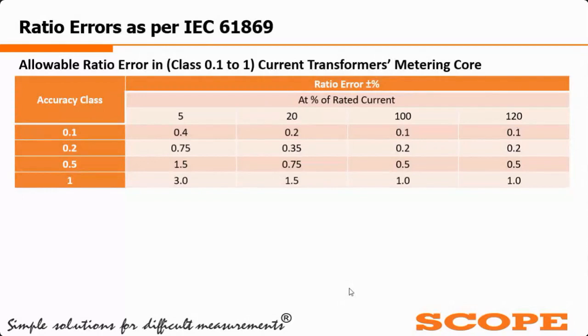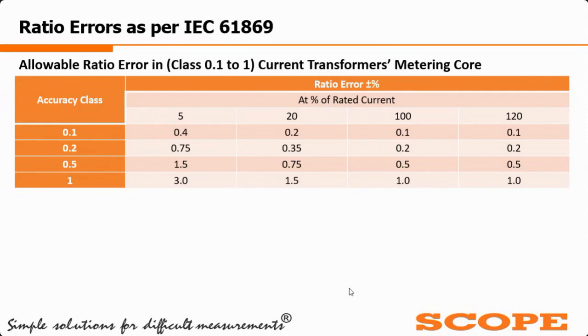For 5% of rated current, IEC recommended that the maximum limit of ratio error is 4.4%. Similarly, for 0.2 accuracy class it is 0.75, for 0.5 class it is 1.5, and for accuracy class 1 it is 3% of rated current.